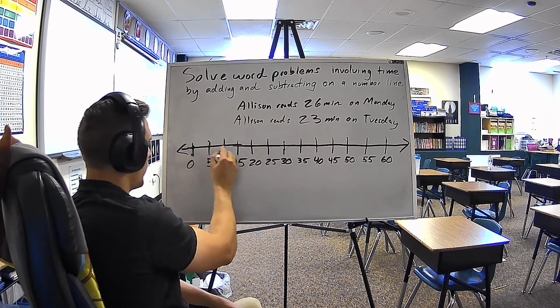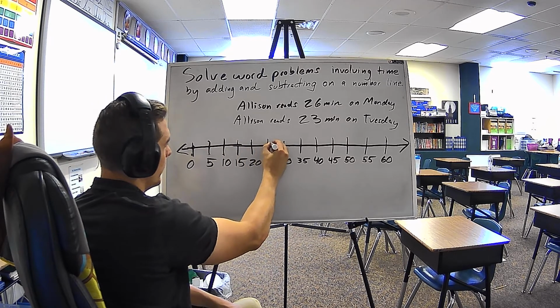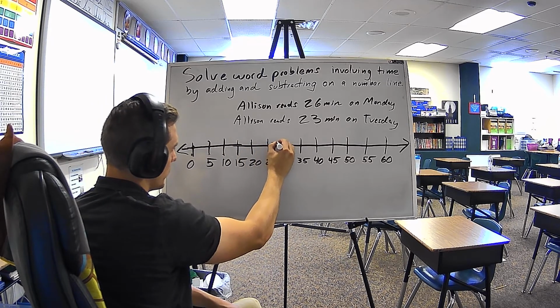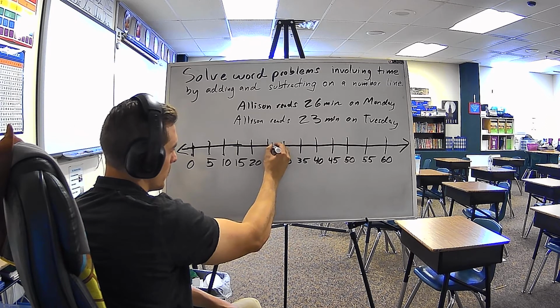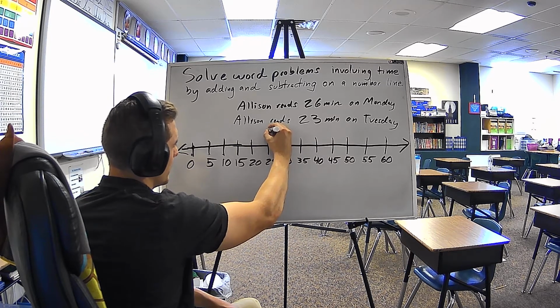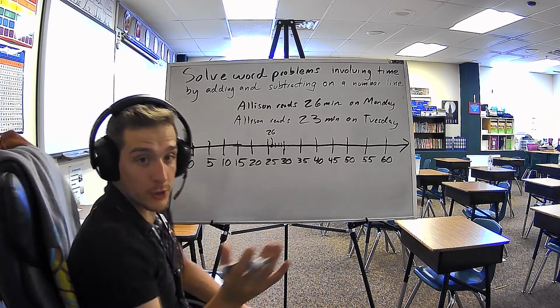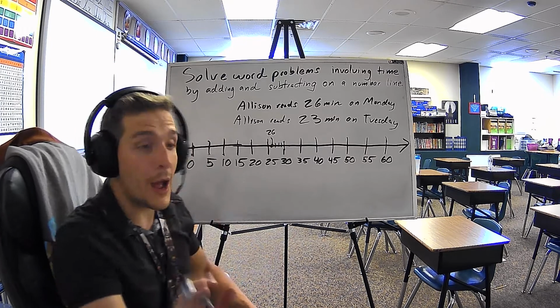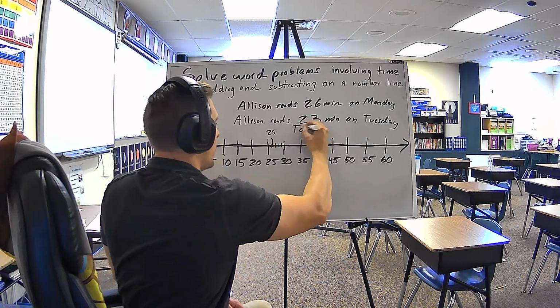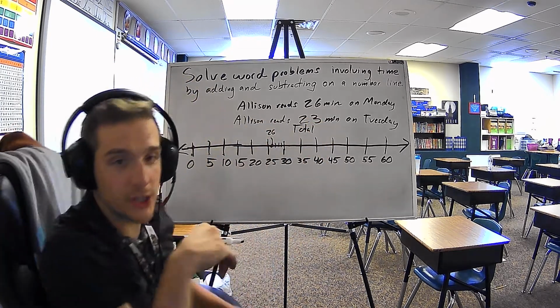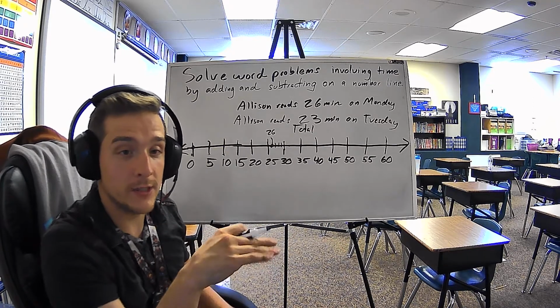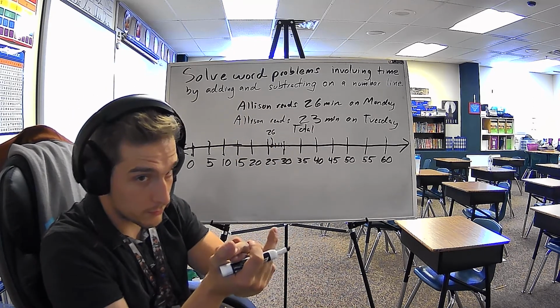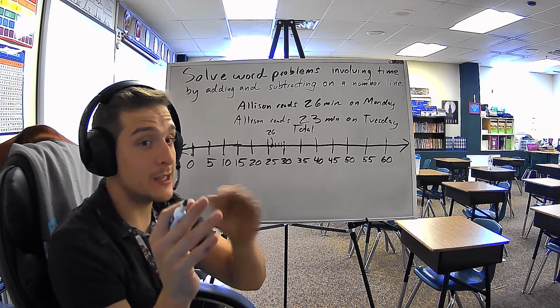So 5, 10, 15, 20, 25, 26, 27, 28, 29, 30, and it's just one more than 26, and say that this is 26, which is correct, right? And remember, I'm asking the total. I'm asking how much did she do Monday and Tuesday together? So this is the problem that I see.